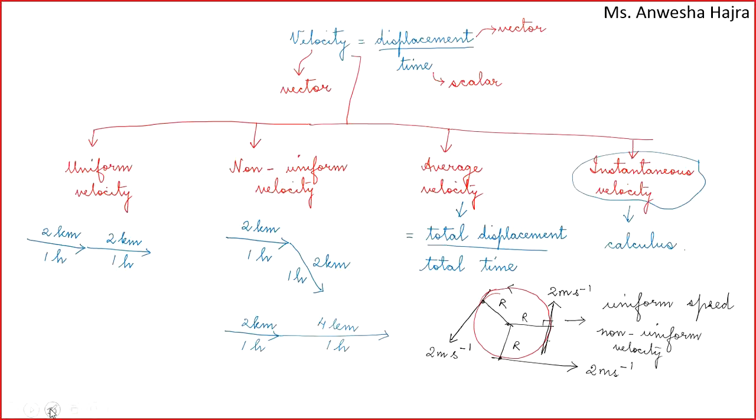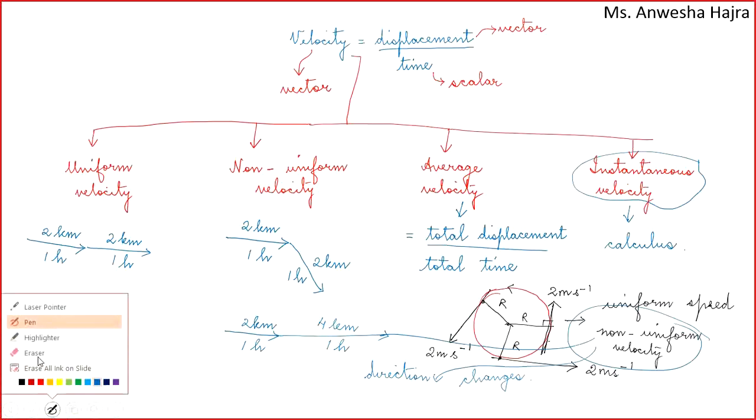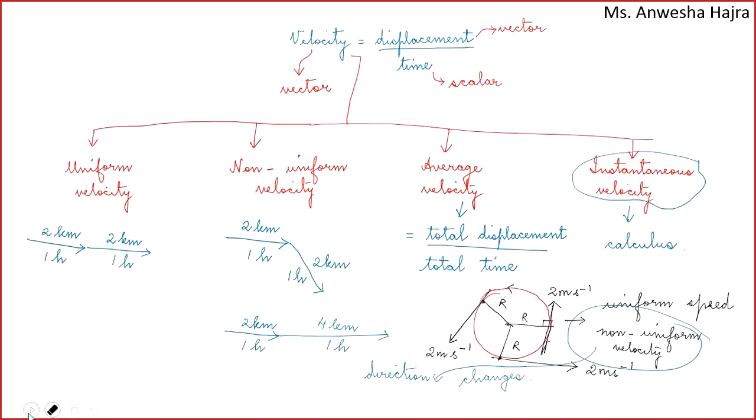Why is it non-uniform velocity? It is non-uniform velocity because the direction changes. As the direction changes, velocity changes.